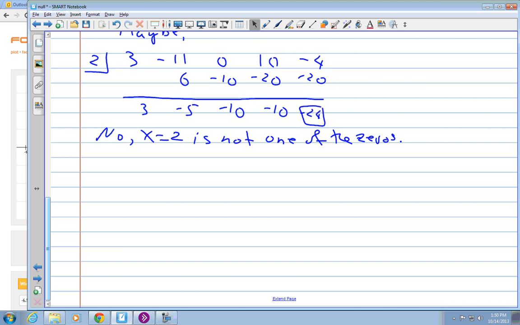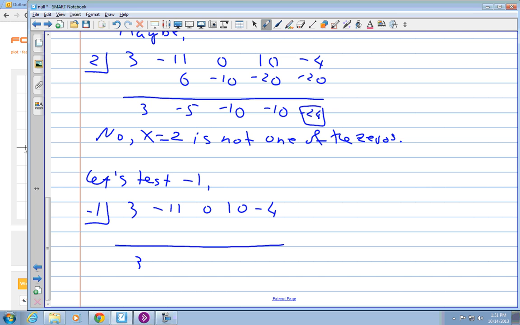So let's test -1, see if that works. If we run -1 through this, 3 comes down, -3, -14, then 14, -14, -4, 4, 0.